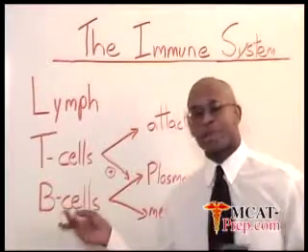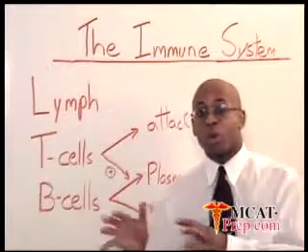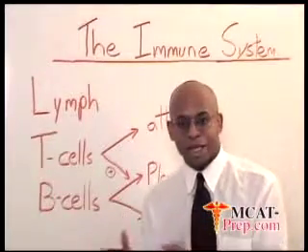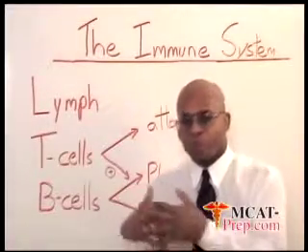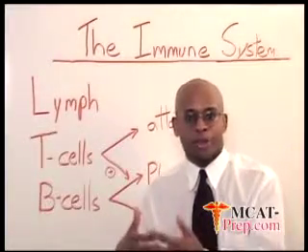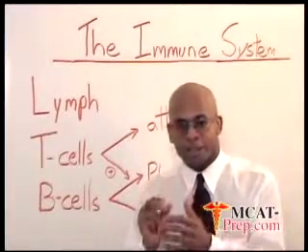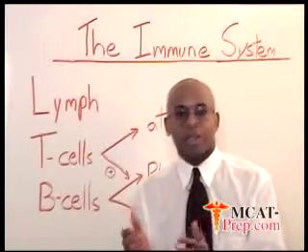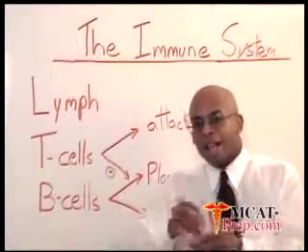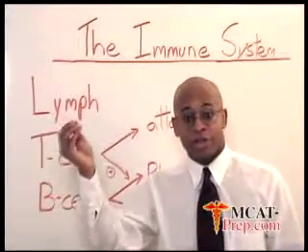What will happen with the B cell is that a macrophage will go find the infection, attack, phagocytize, and bring in the bacteria or virus. Then it will take a part of the membrane or the outer part of the virus and bring it to the surface of the macrophage.